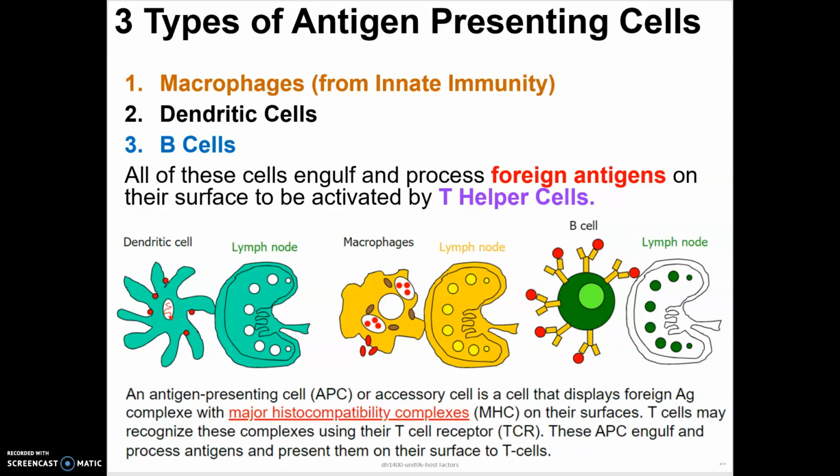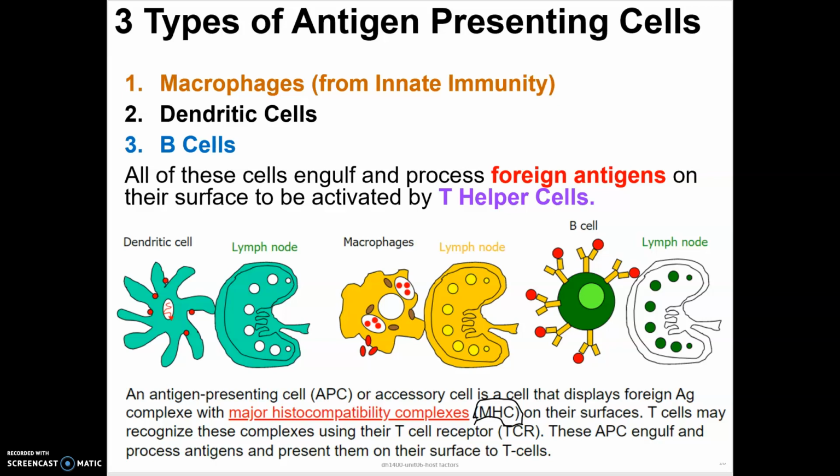What they're going to do then is use a protein complex that we call a major histocompatibility complex, and you'll often see it abbreviated as MHC. These MHCs will develop on the surface of these antigen presenting cells, and they will show what the antigen looks like.